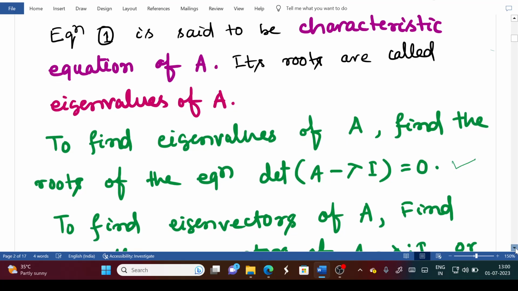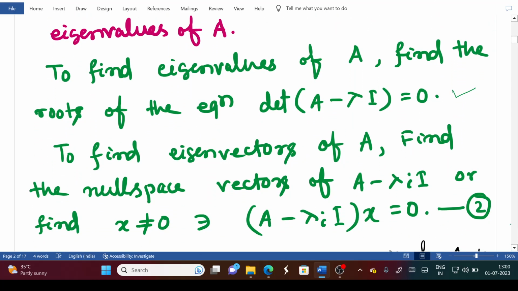Then substituting lambda equal to lambda i in equation 2, obtaining the non-zero solutions will give us the set of non-zero vectors which satisfy (A minus lambda I) X is equal to 0.